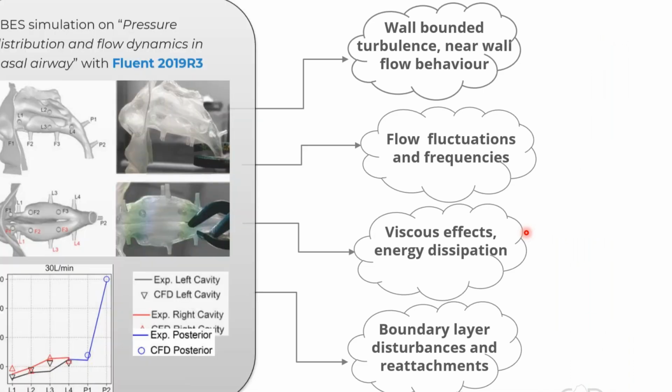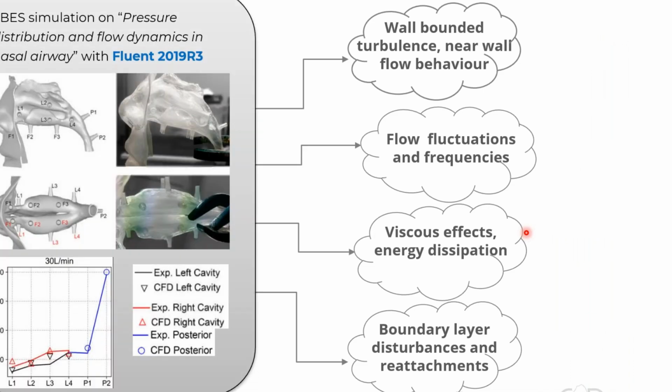Okay, so from that, our first step into SBES was in 2021, and we applied that to a constant flow rate, and we validated that with some measurements of pressure distribution, and that gave us quite a lot of confidence to move forward.